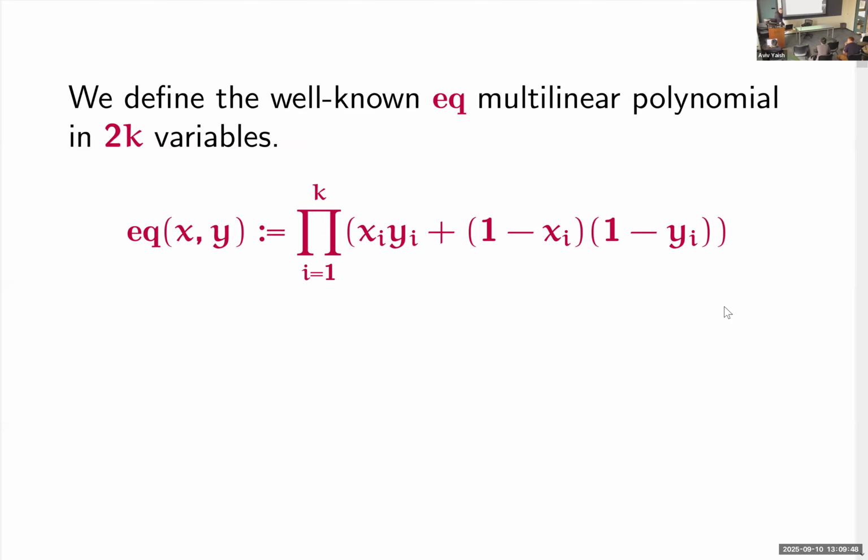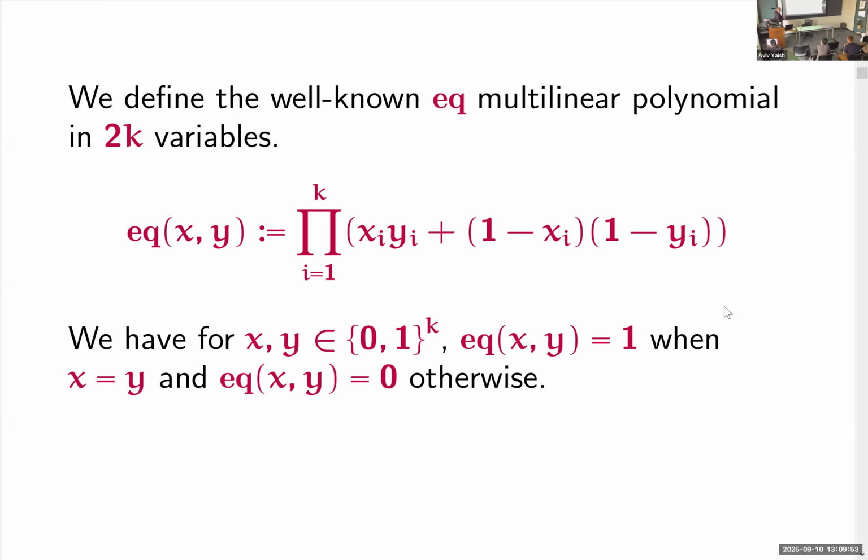The usefulness of this multilinear polynomial is that for any binary x and y, EQ of x and y is 1 only if x is equal to y, and it will be 0 otherwise.